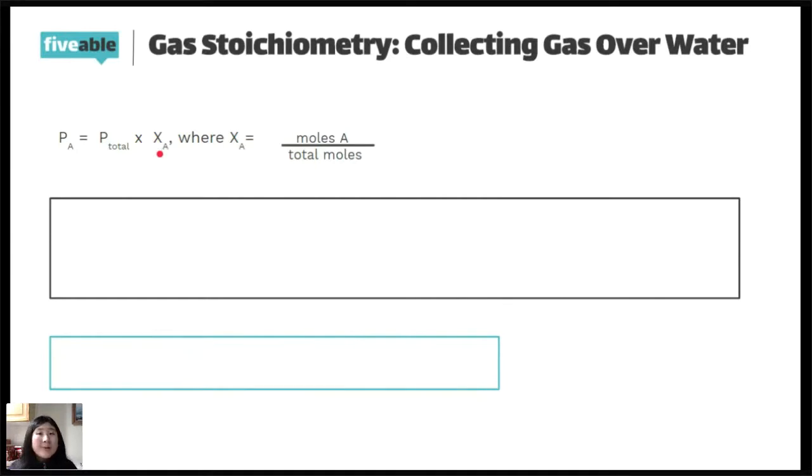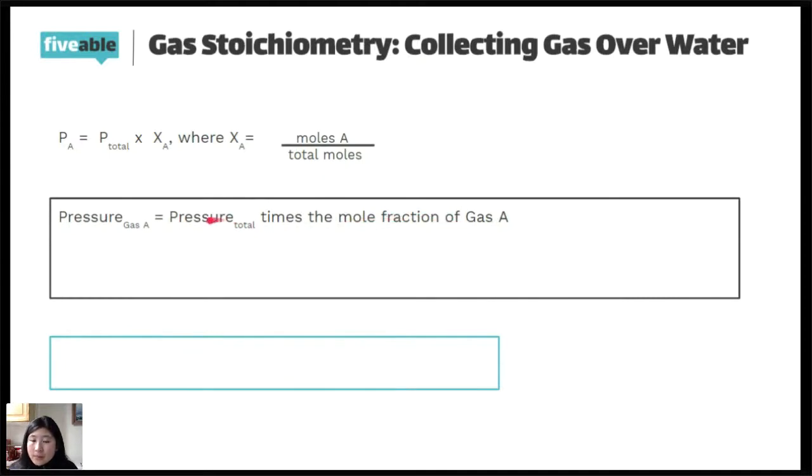Molar fraction, correct me if I'm wrong, by the way. So X_A is equal to the moles of gas A over the total moles that we have in this container. So the pressure of gas A is equal to the total pressure times the mole fraction of gas A.